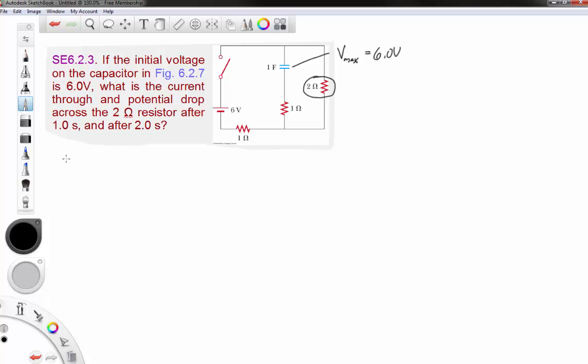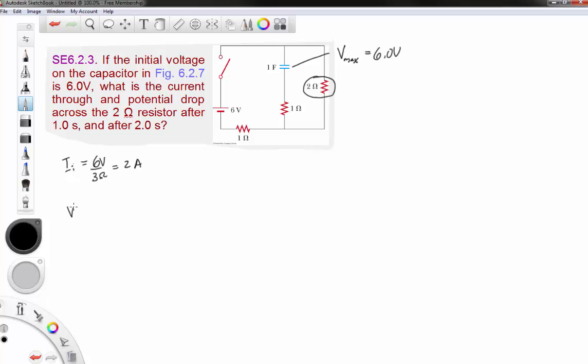So again, we've already found that the initial current would be 6 volts over 3 ohms, or 2 amps, at time 0.